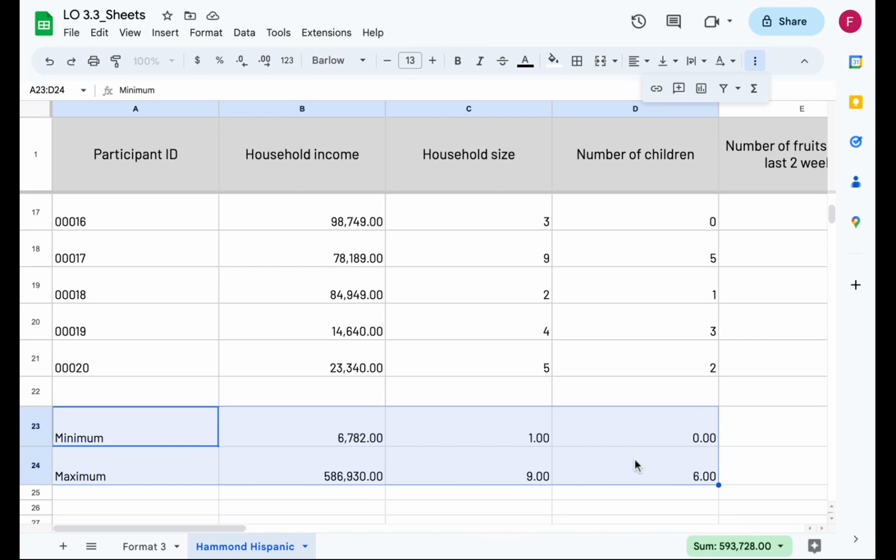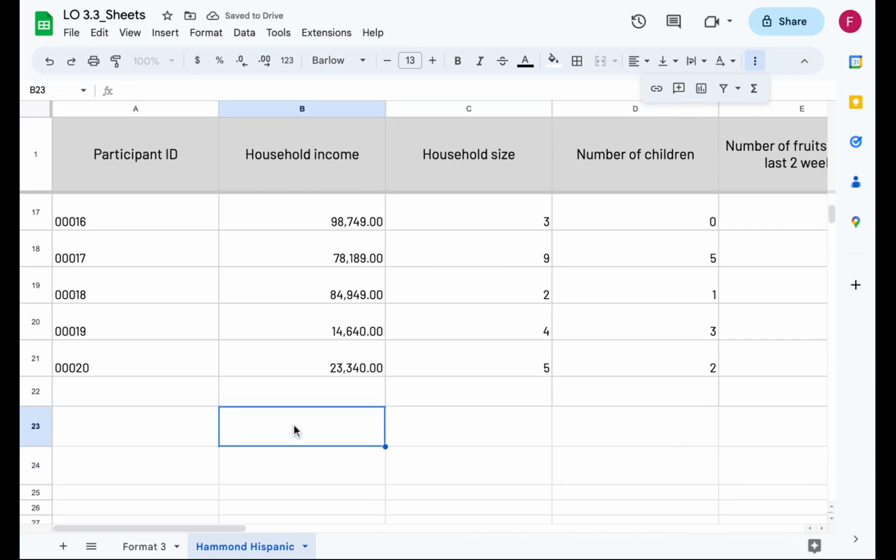Right, so lastly, how do we do percentage? Percentage works the way it does in math. The formula here is kind of confusing, so I don't want to do that for you.